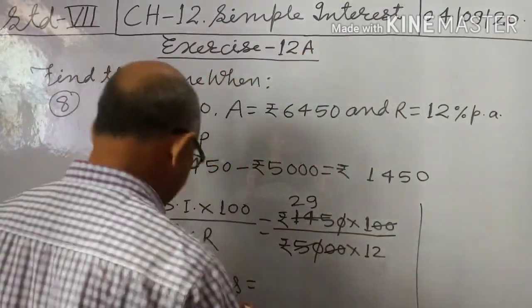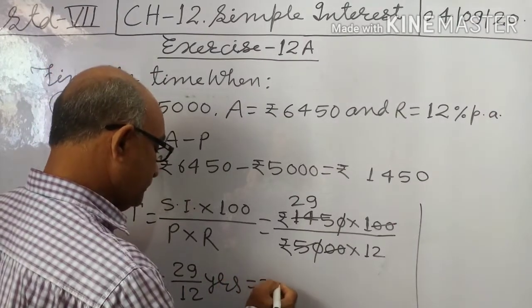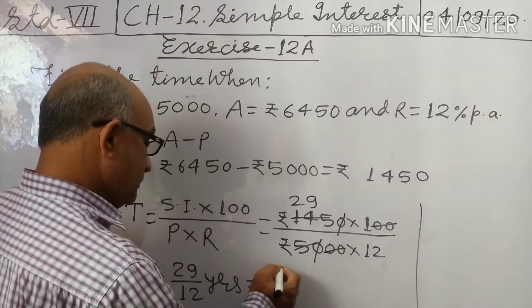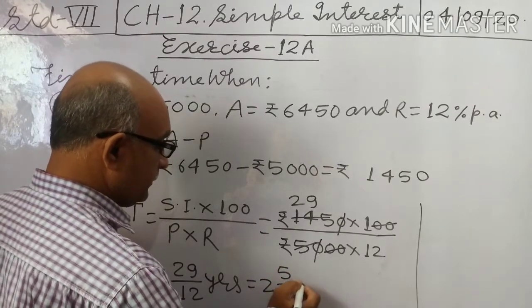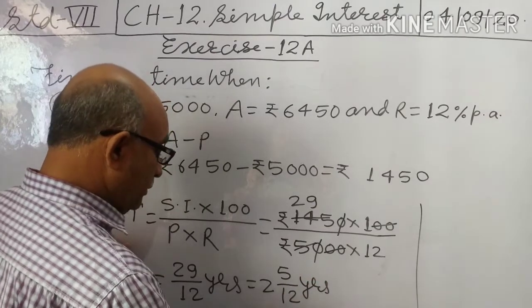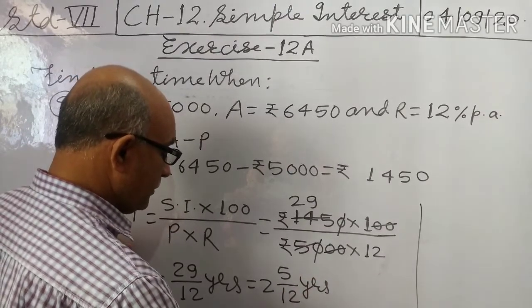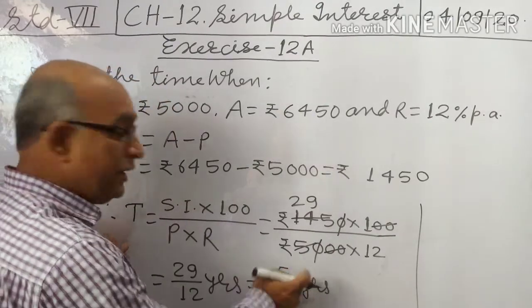So 2 whole. 12 to the 24, 2 whole 5 by 12 year equal to 2 years, and 5 by 12 change into month.